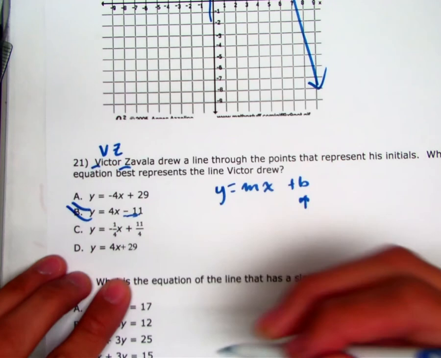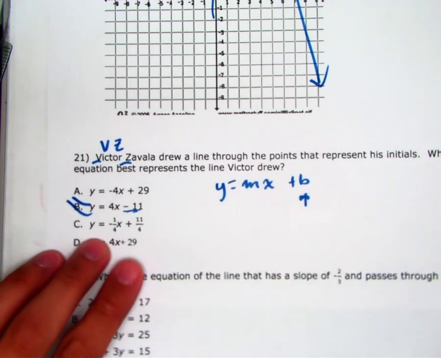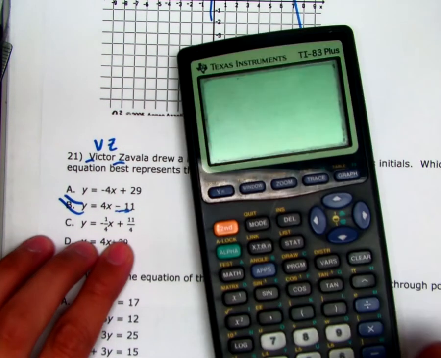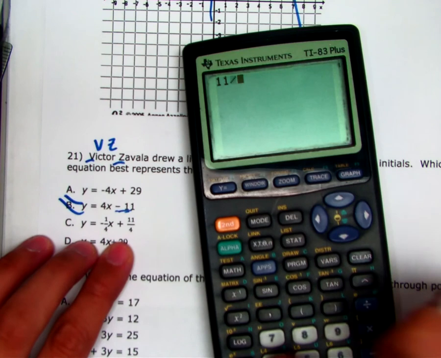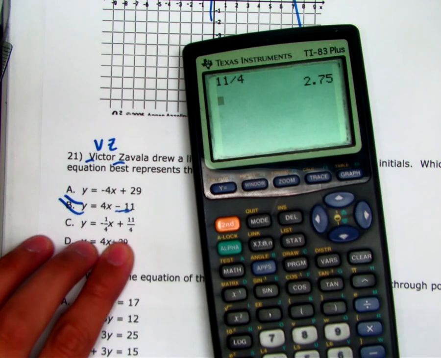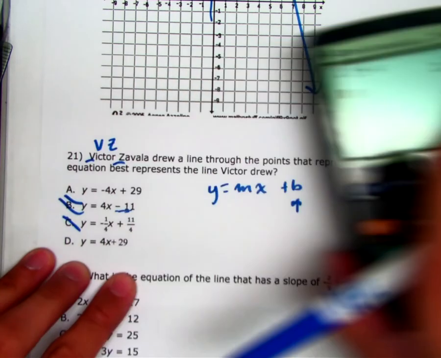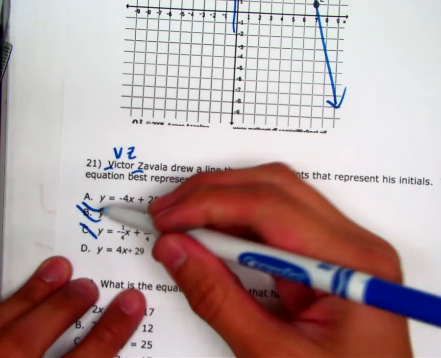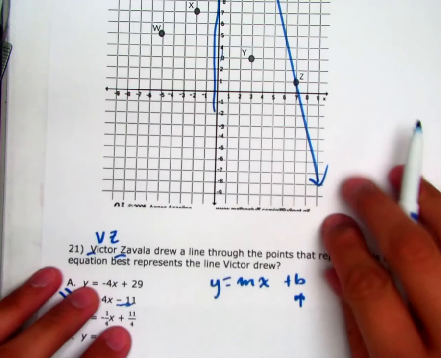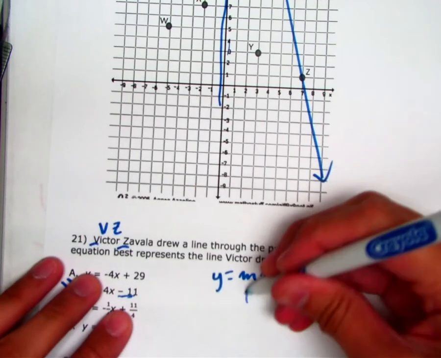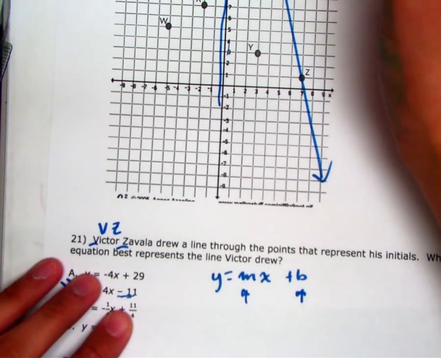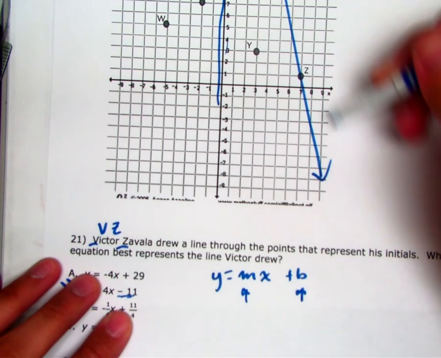11 divided by 4, if you change that into a decimal, is not a large number, so you can also eliminate C. Now we are limited to A and D. Look at our slope. It's going down from left to right, and that means a negative slope.